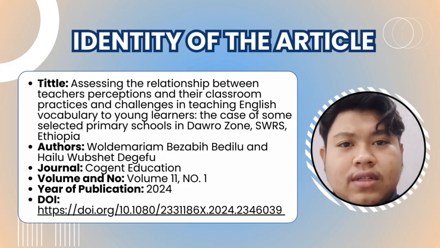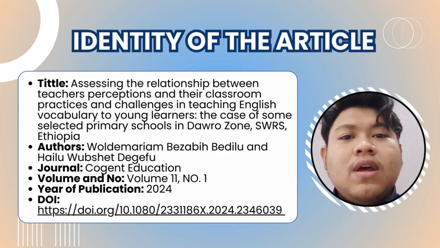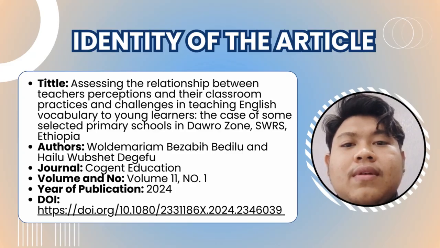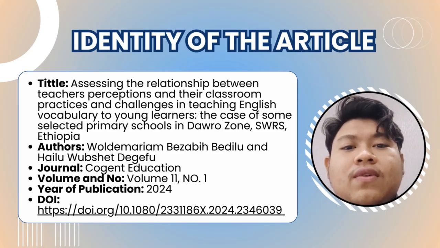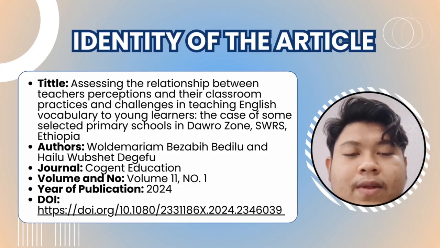The authors are Walden Mariam Bezabi Bedilu and Hailu Wubshat Dejefu. This article is taken from the Cogent Education Journal, volume 11, number 1, and the publication year is 2024.